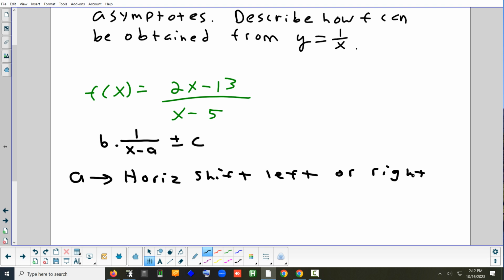Now, this one is always backwards. So if I put plus a number in the bottom, which way would plus move the graph? Remember, it's backwards. Plus would move it left. And if you put minus a number in the bottom, it would move it right.